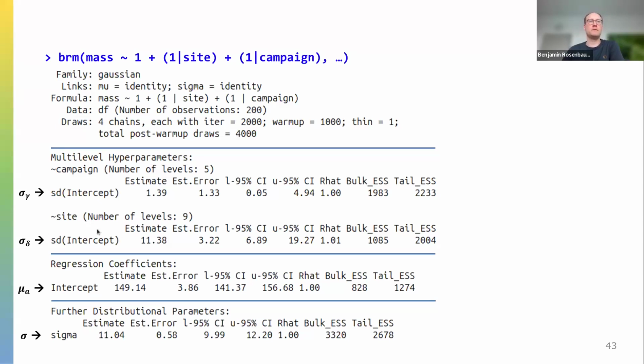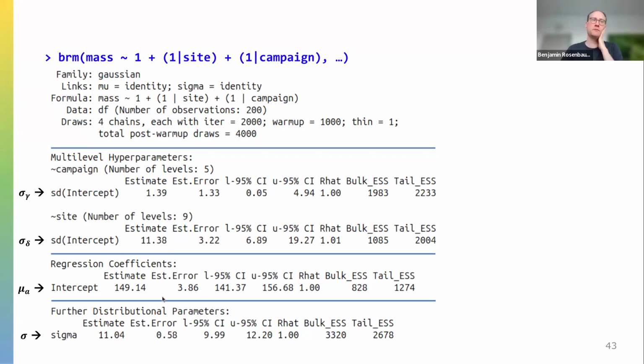So if there is a stronger deviation between sites, right, it's almost 10 times stronger than between campaigns, which kind of makes sense, right? So you don't expect, in different sampling campaigns, the snakes to have a strong difference in body size, whereas if you go to different locations, there might be strong differences due to environmental conditions.